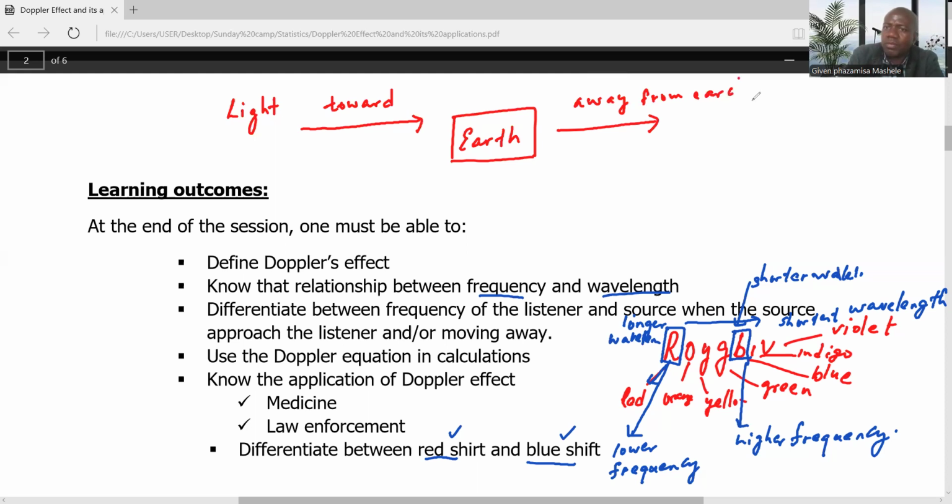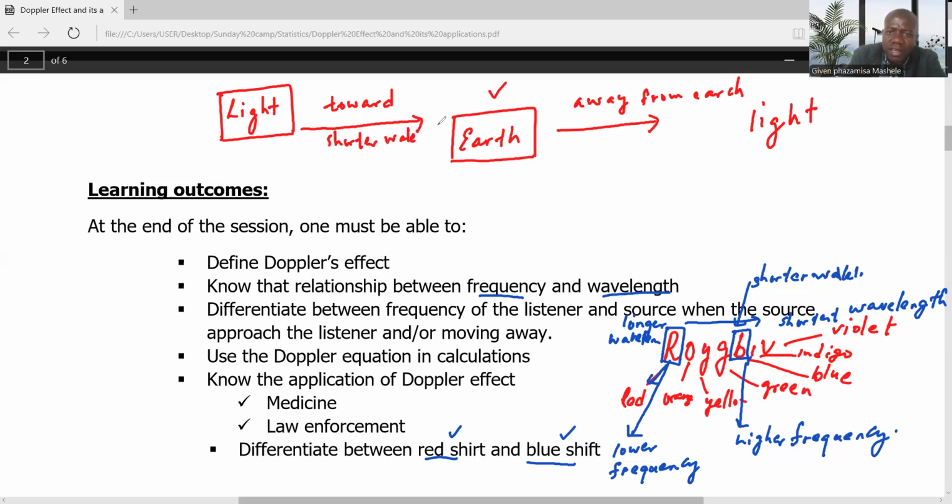In the context of what we just said, if the light is moving towards the Earth, it is because it has a shorter wavelength.